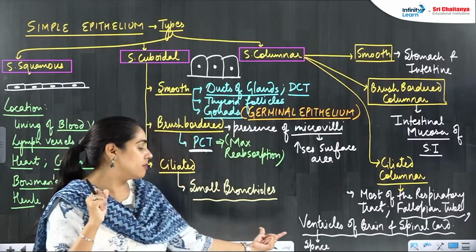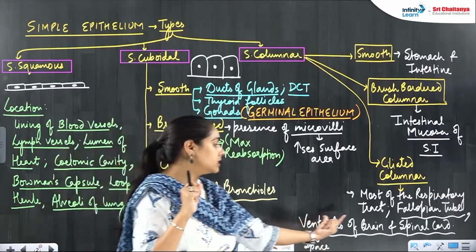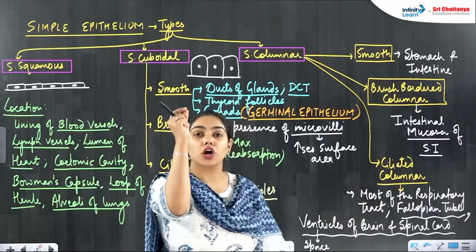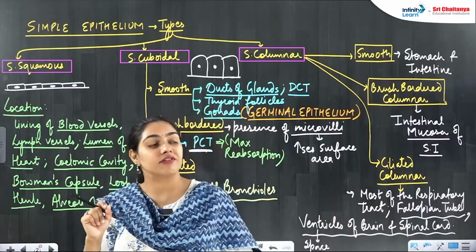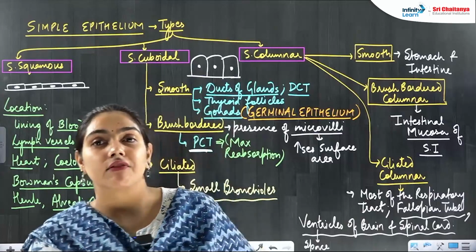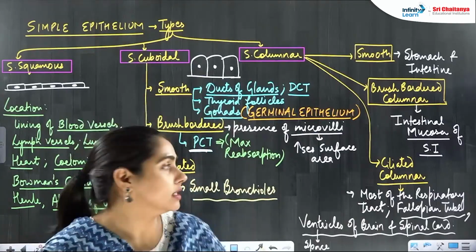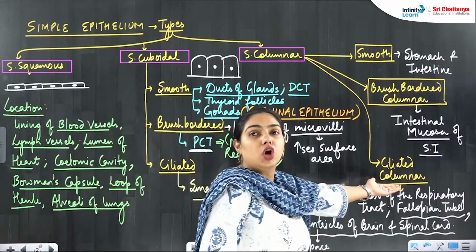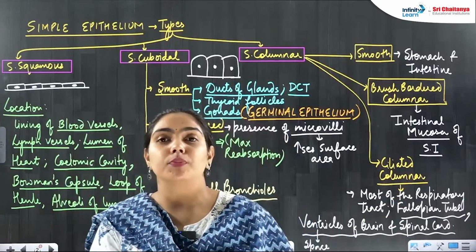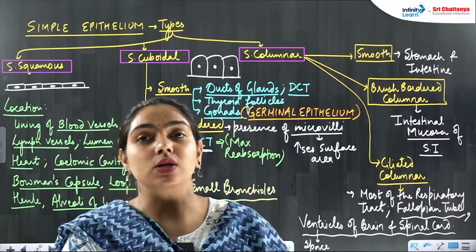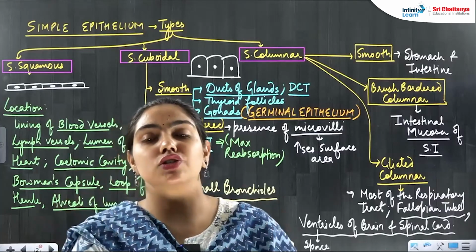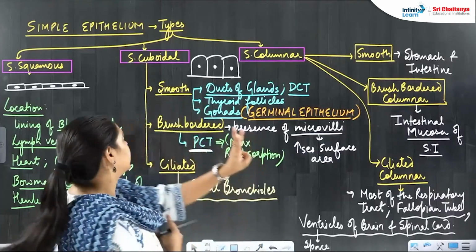So the ventricles are present in the brain and also in the spinal cord. CSF is present, and for the movement of CSF, which epithelium is present? Ciliated columnar.